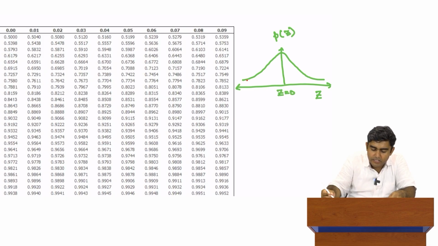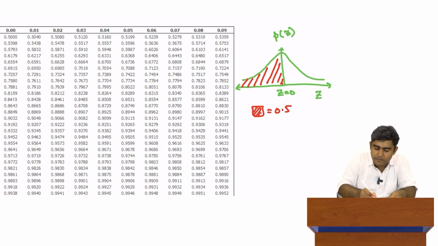And at z equal to 0, the table shows the value of 0.5. That means this is the red area that this is talking about.